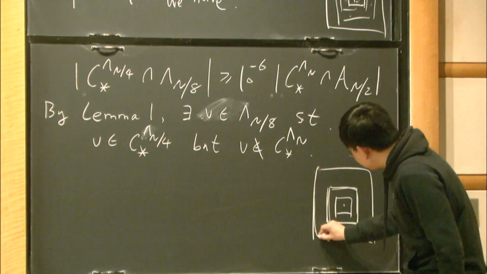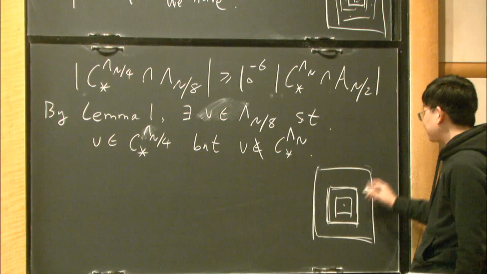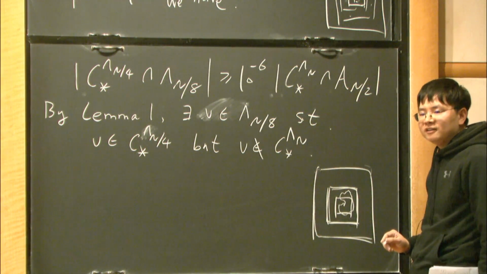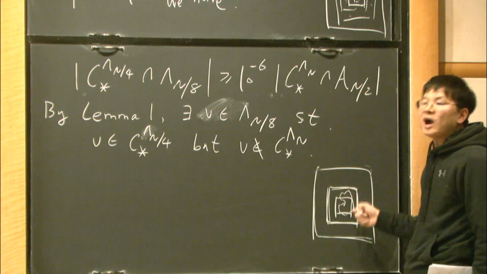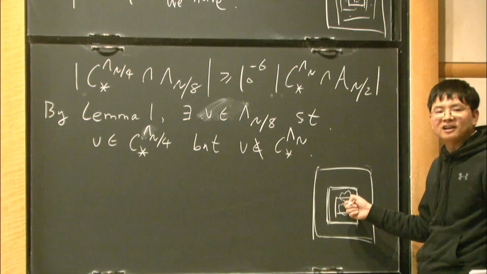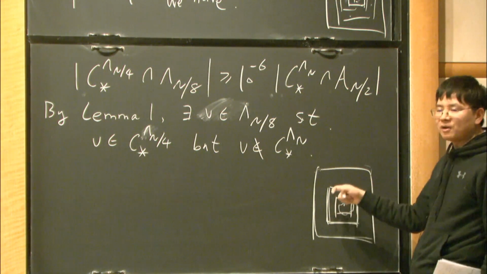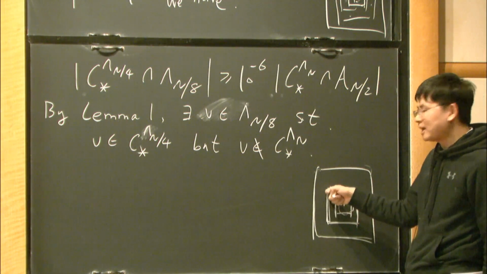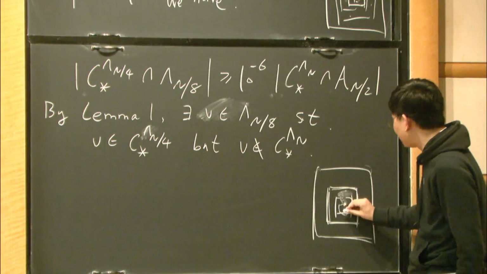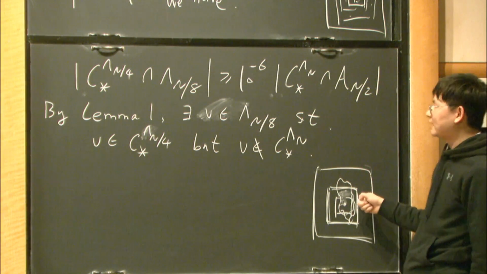So in the large boundary, since it's not 0, that means I can find a set so that it's a certificate that it's 1 no matter what you do outside, right? But this set cannot be contained in the smaller box. Because if this set is contained in the smaller box, then it will be plus 1 even if you change the boundary in the smaller box. So that means your certificate, your witness for this vertex to be 1 has to intersect with the boundary of lambda n over 4.